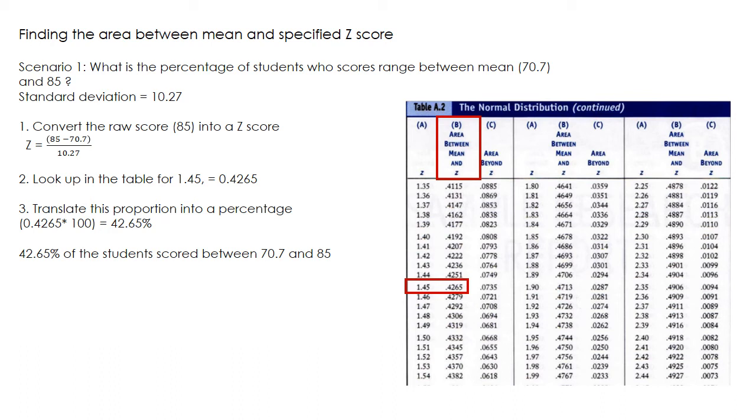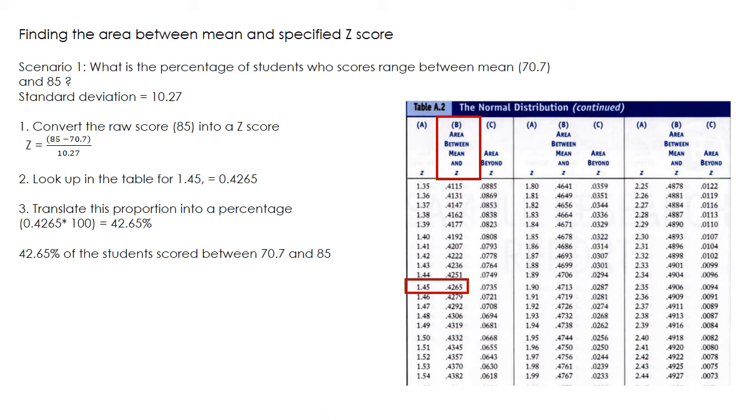Let's say that you have a group of students' quiz scores, and you would like to compare this person's quiz score to the former group's quiz scores. You want to know how well the student scored. What is the percentage of students who scored between the mean and a particular 85?